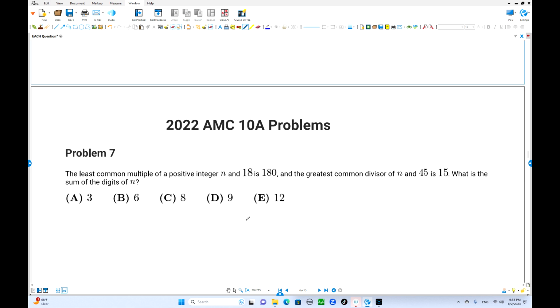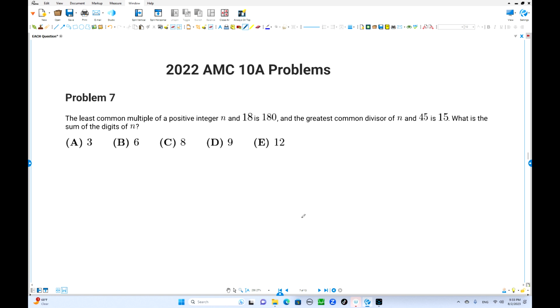All right, number 7 over here. The least common multiple of positive numbers n and 18 equals 180. The next one is the GCD, so you can use GCD or GCF, that's the same thing. The GCF of n and 45 equals 15.